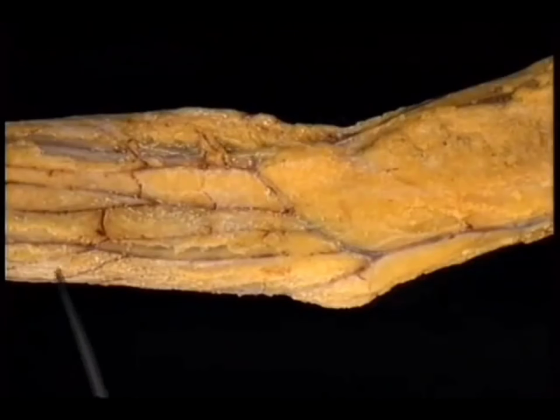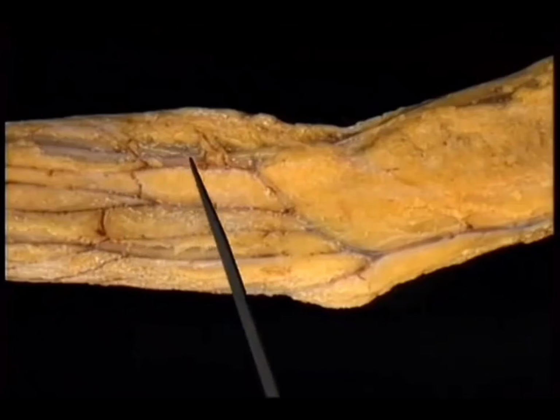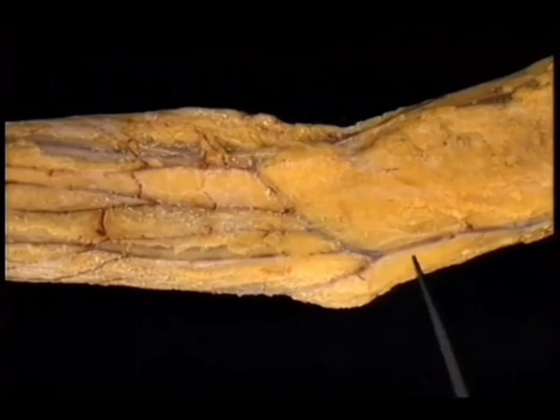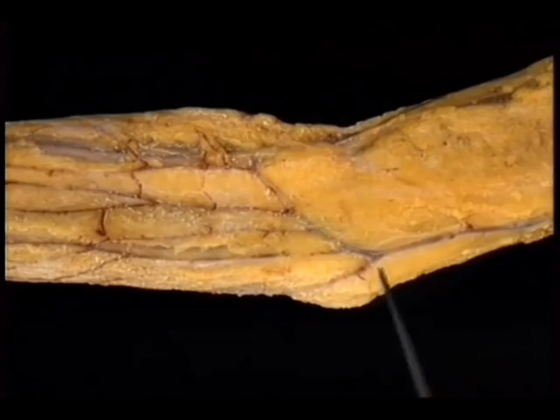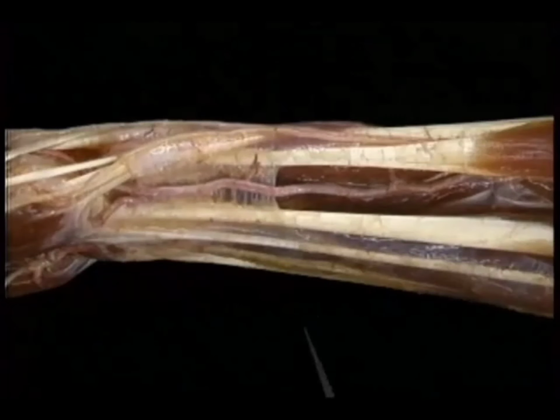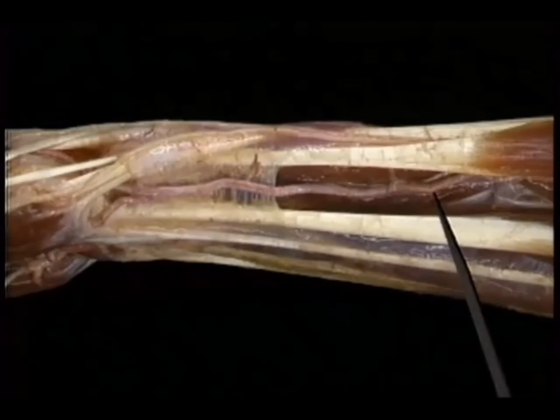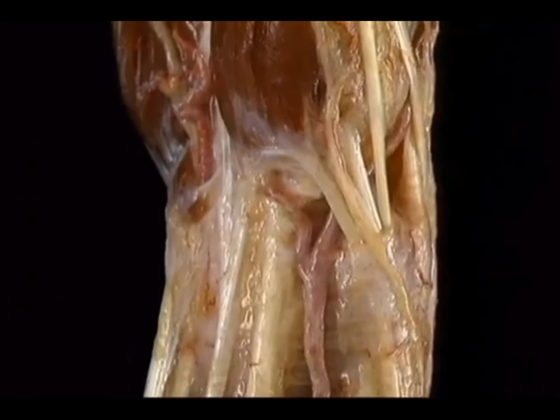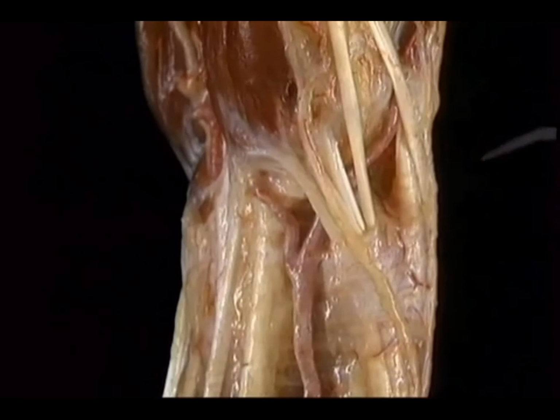Before we move on to look at the skin of the hand, let's briefly review what we've seen of the vessels and nerves. Here's the cephalic vein, the basilic vein, and the antecubital vein. Here's the radial artery in the forearm and at the wrist.